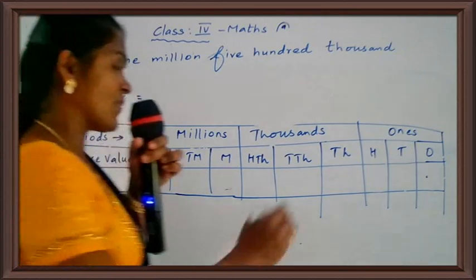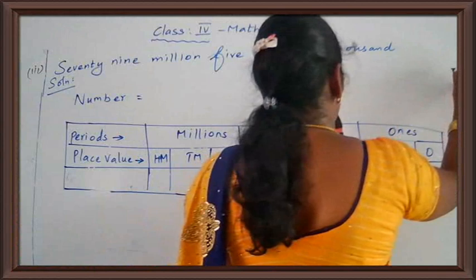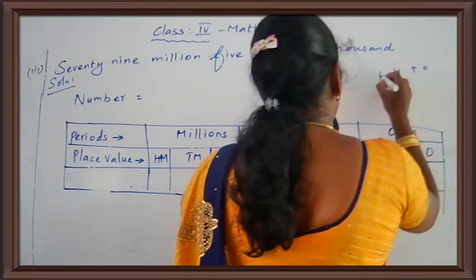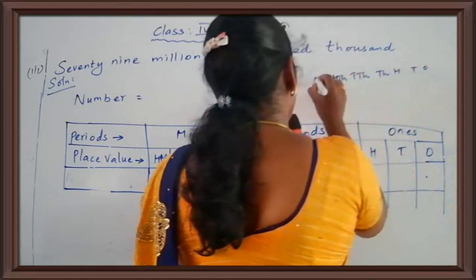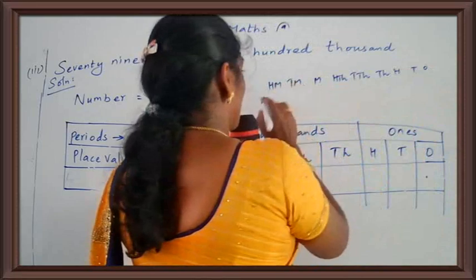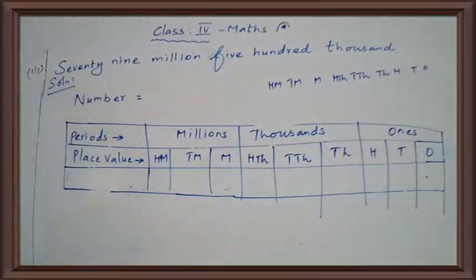First of all, the rough place value chart you put. Okay, ones, tens, 100, 1,000, 10,000, 100,000, million, 10 million, 100 million. Now you see the question. 79 million, 100 million is given? No. Okay, so only 1 million and 10 million is given, that is 79.